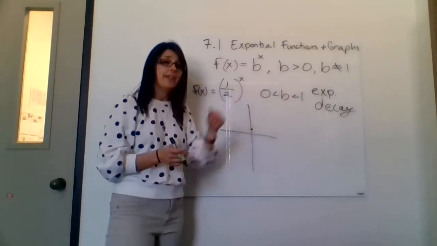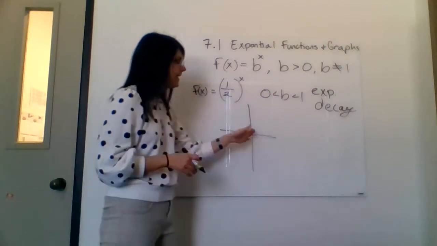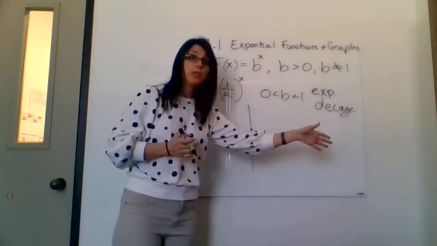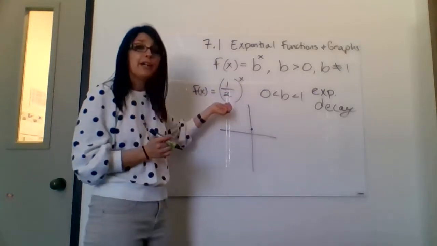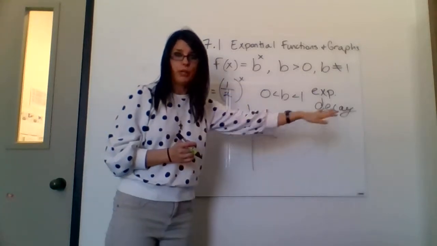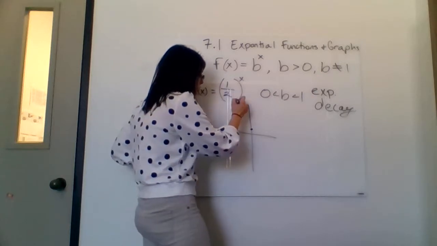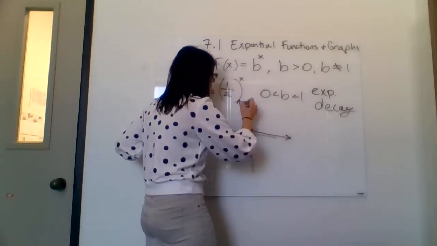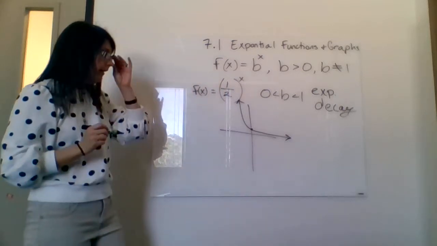But now, like I said, we have exponential decay. So as the x values get bigger, usually they're representing time. So as time goes on, whatever this value is representing is getting smaller. It's decaying. So we have this right here.